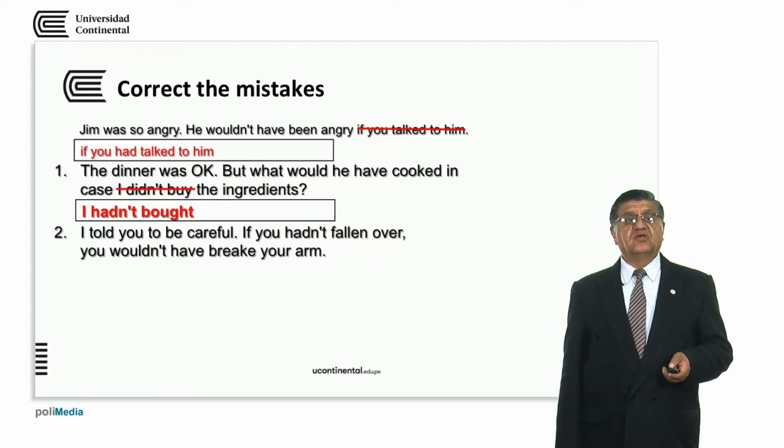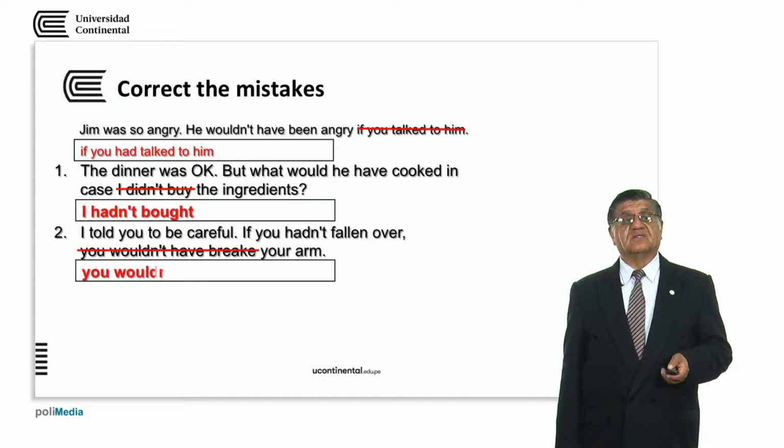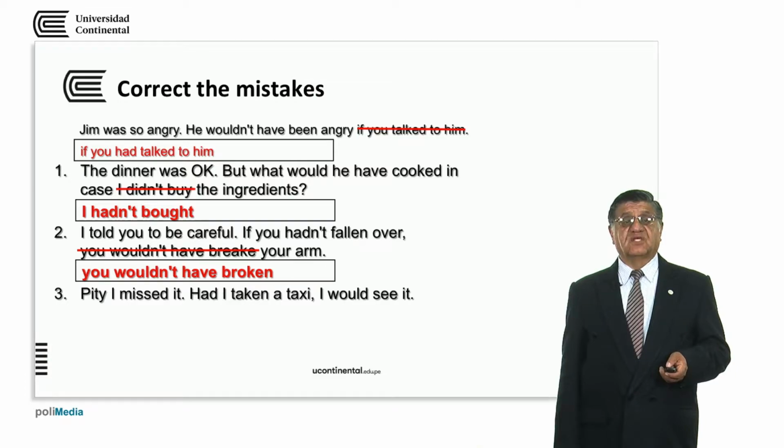Okay, would, have, and the past participle. Oh, that's the mistake. Instead of break, we need broken. You wouldn't have broken. Okay, again.